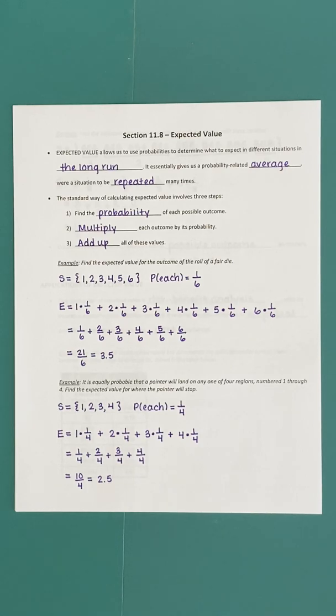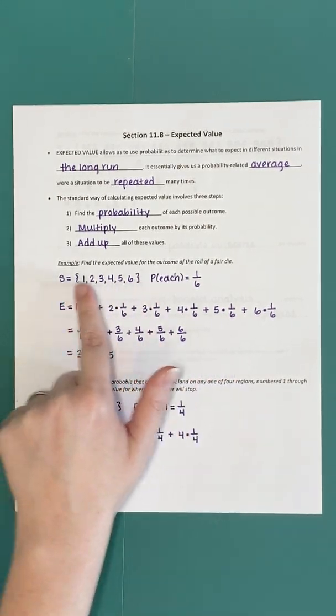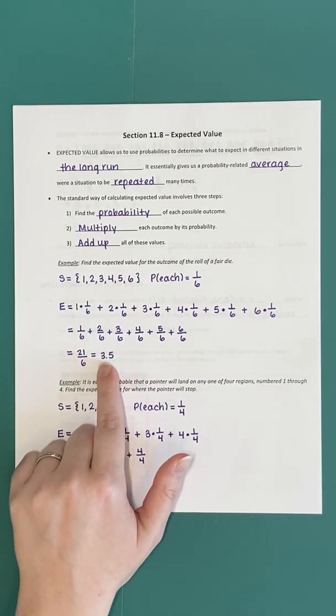If you were to run all those trials and then take the average, add them all up, divide by how many trials you ran, whatever average you get is the expected value. What this number means is that on average, you roll a 3.5.